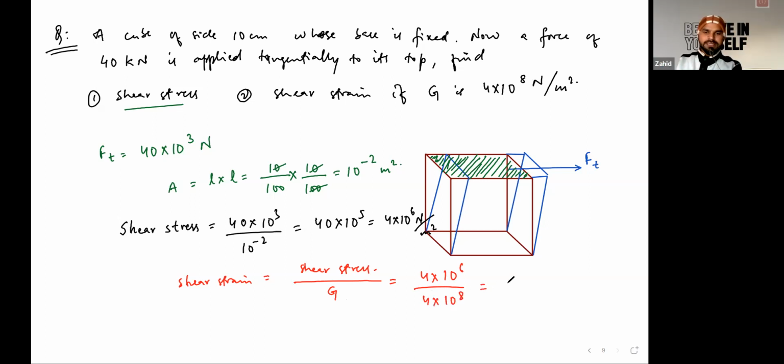So 4 and 4 will cancel out, and you'll get 10 to the power minus 2. Okay. Do you have any doubt till this part? No, sir, it's clear. Good.